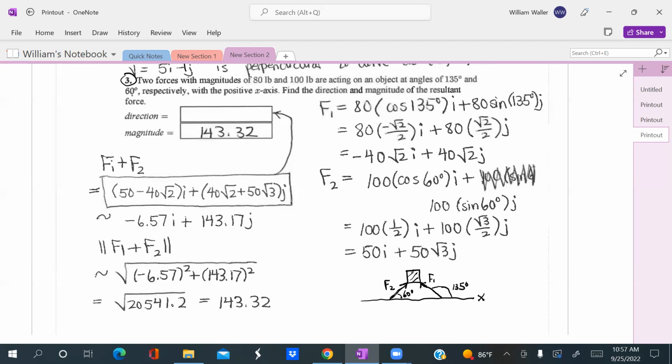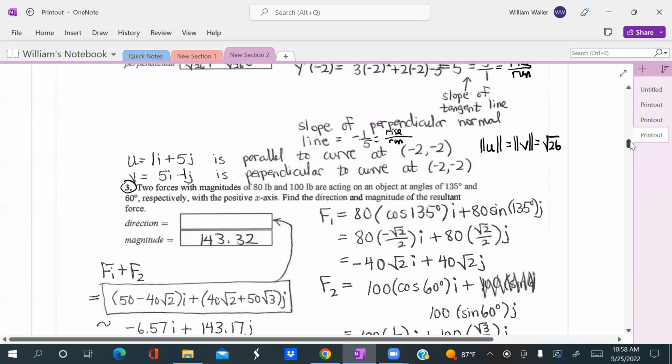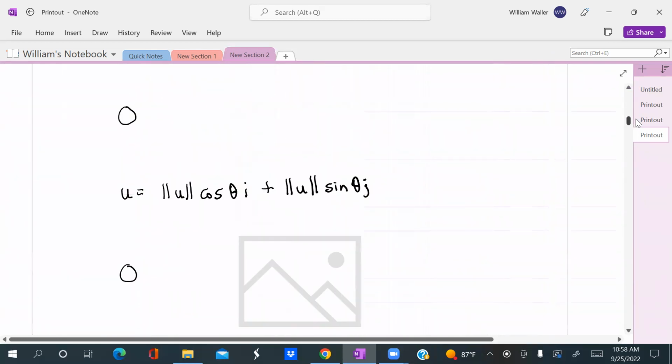And so remember, it's not difficult to convert forces to vectors because the amount of force is going to be the magnitude of the vector. And then, of course, we're also given the direction of the vector. So we can put both of these forces in standard form using this formula from the previous problem that I kept pointing out.